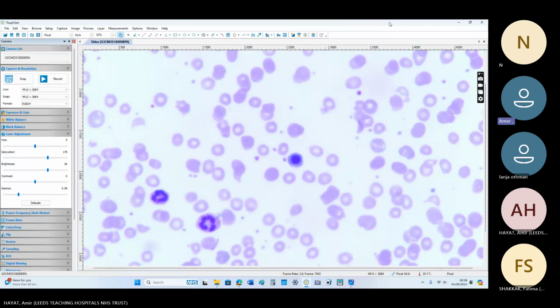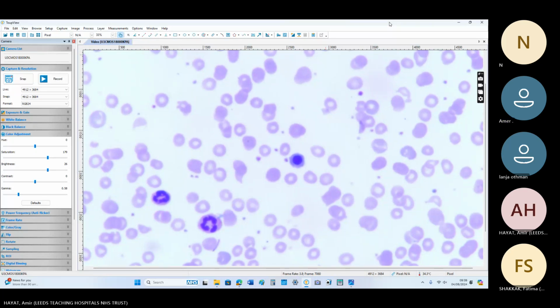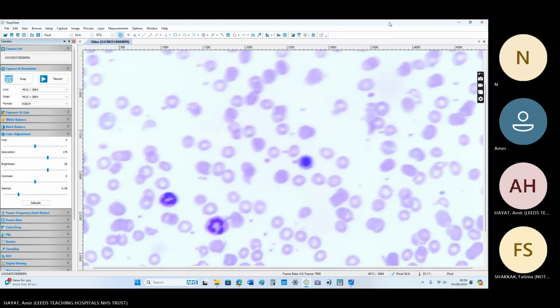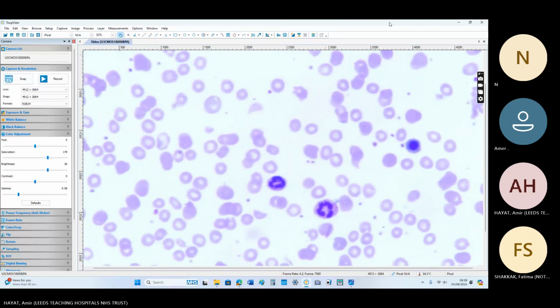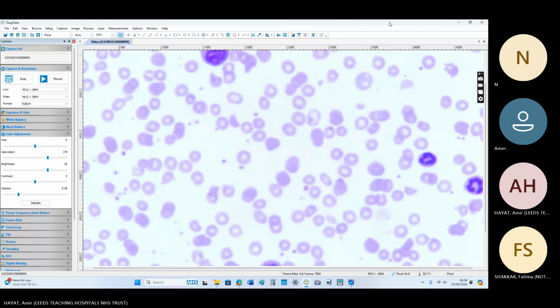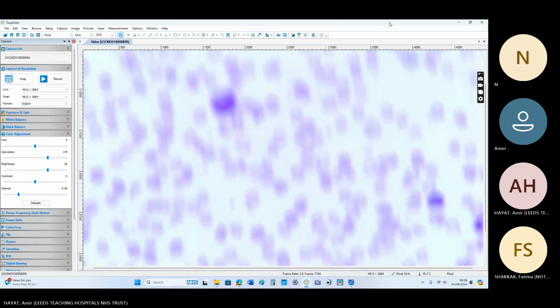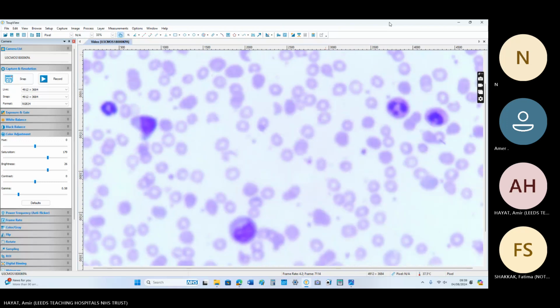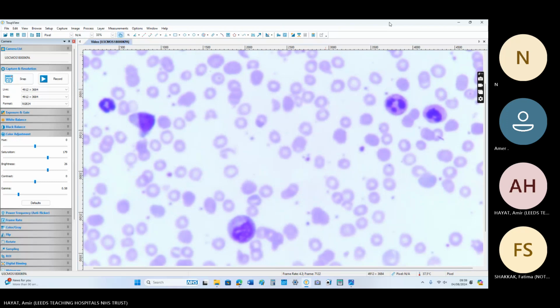I need a volunteer to comment on this blood film and then report the blood film, please. Fatima, can I request you?